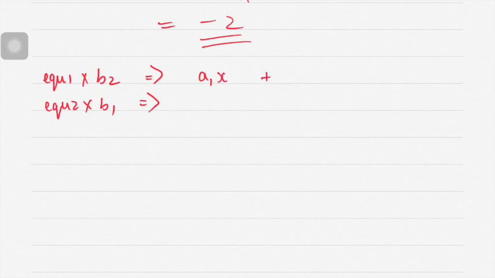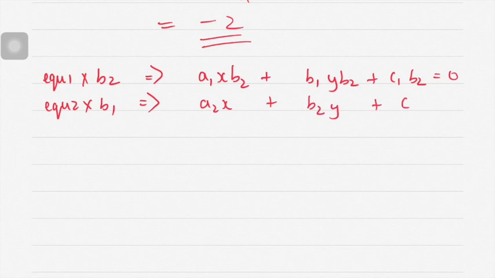My equation 1 was a1 x plus b1 y plus c1 is equal to 0. And I multiply by b2. And my equation 2 was a2x plus b2y plus c2 is equal to 0. I multiply by b1.